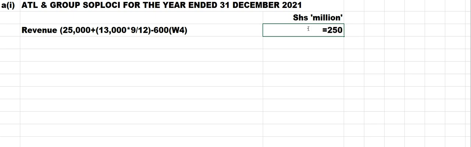So this is 25M plus 13 times 9 out of 12, then minus 600, and that gives us 34,150. That's my revenue for the group.